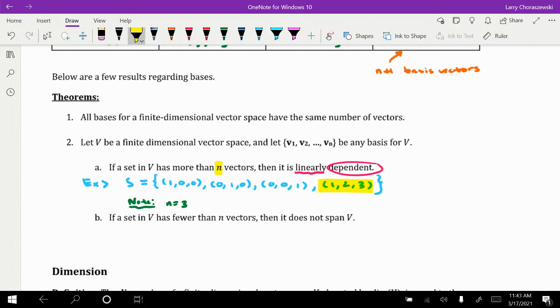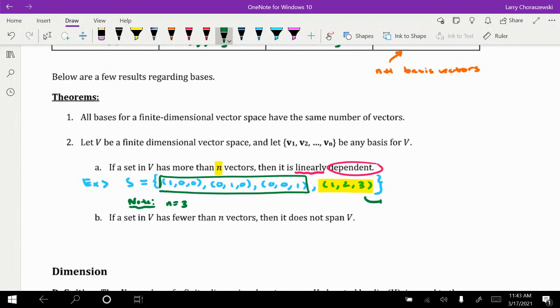1, 2, 3 happens to be a linear combination of these three vectors. Remember, if a set is to be linearly independent, then no vector in the set can be written as a linear combination of the others.